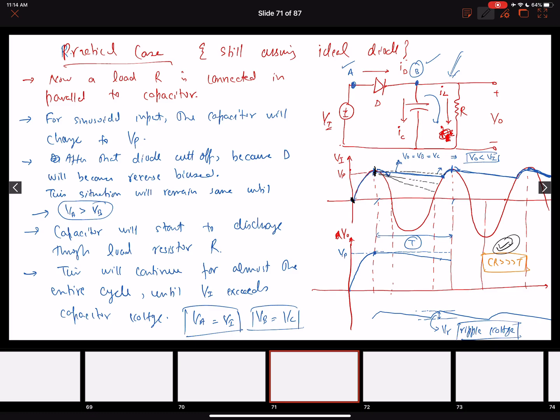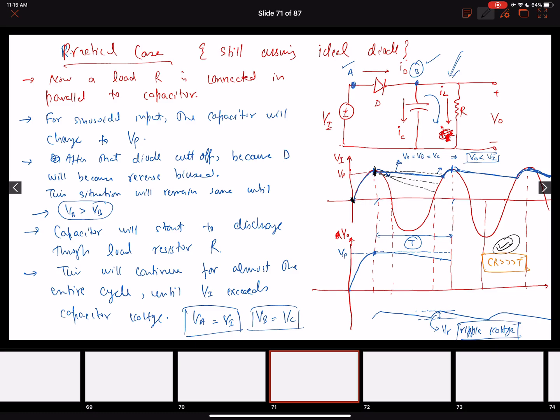The discharge interval, or the amount of the discharge, or the ripple voltage, the decrease from the peak voltage, all depends on the time constant of this RC circuit. So we need to select the values of the resistance and the capacitor, or in this case the time constant, such that it is significantly higher than the time period of this input waveform. If it is significantly higher, then we make sure that our discharge is very minimal.